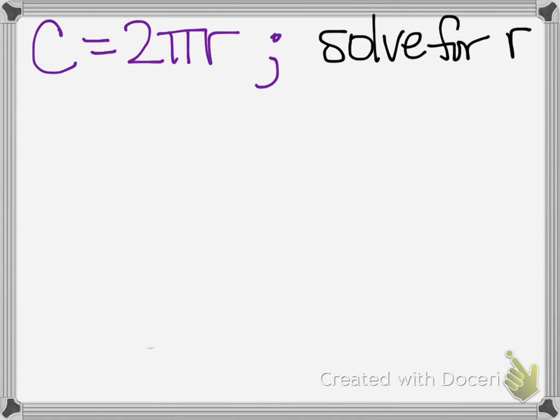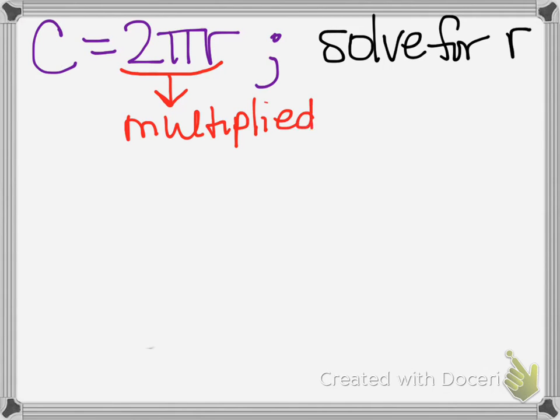If we look at 2 pi r right here, we know that that is being multiplied, because there is not an addition, subtraction, or division sign in there. We also know that the way we can undo multiplication is by division.